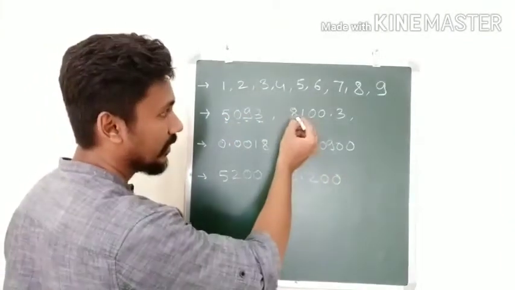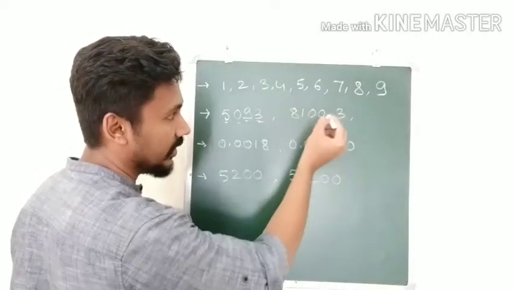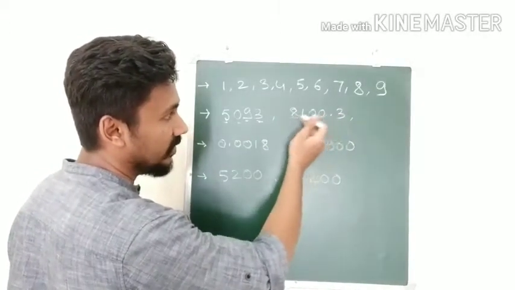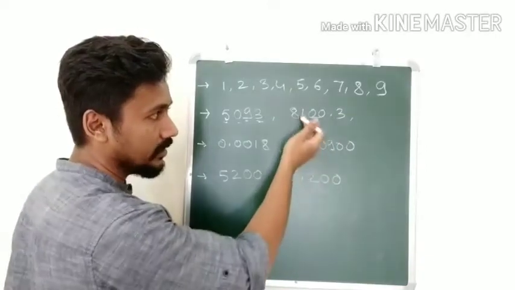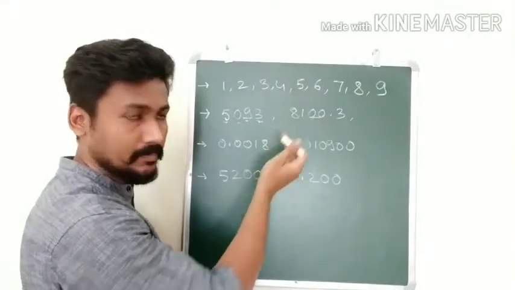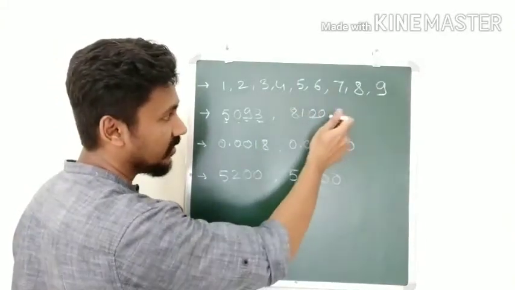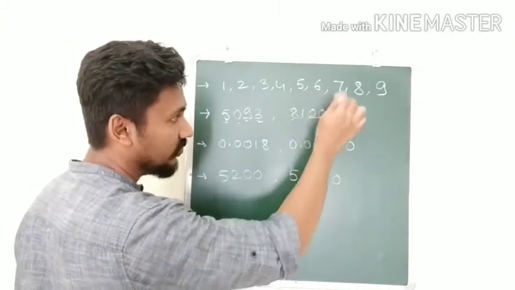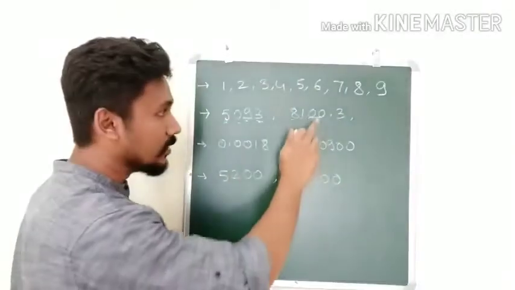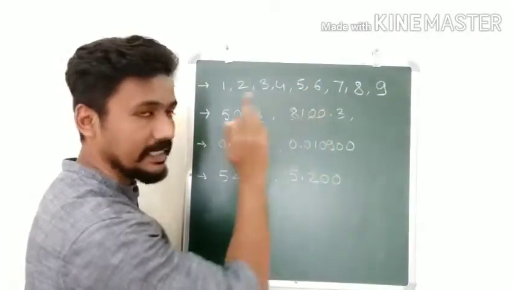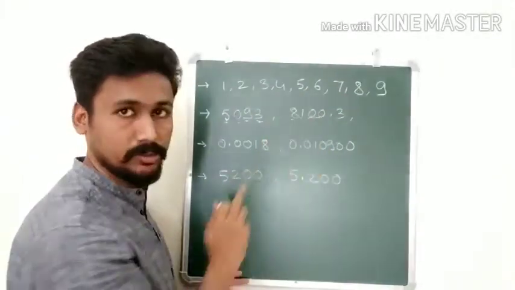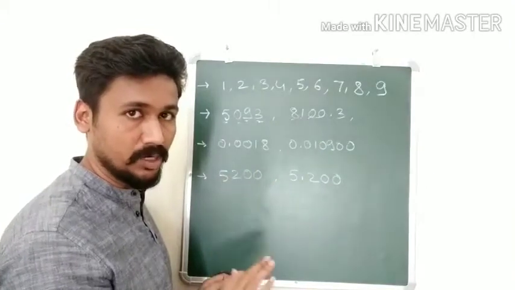In this number 8100.3, these two zeros lie between two non-zero numbers. Therefore these two zeros are also significant. So how many significant figures? 1, 2, 3, 4 and 5. Okay. So if 0 is between two significant figures, in that case 0 also becomes significant. That is rule number 2.